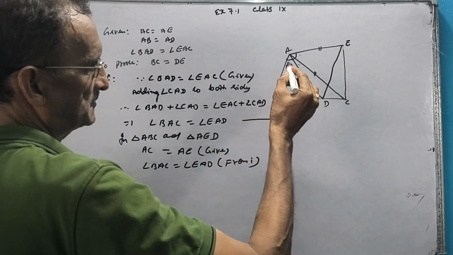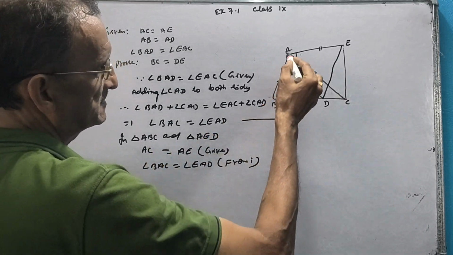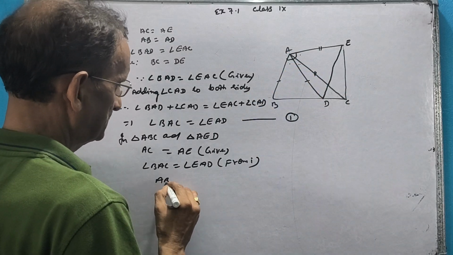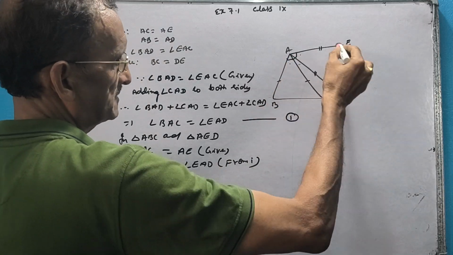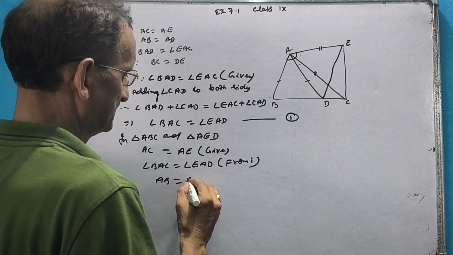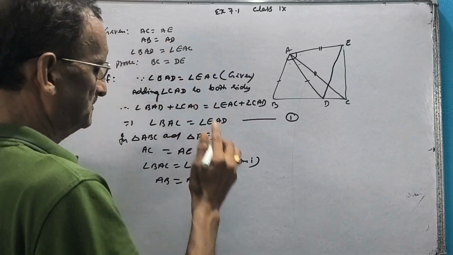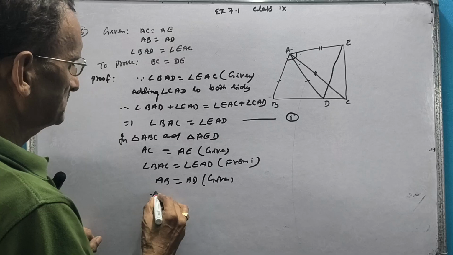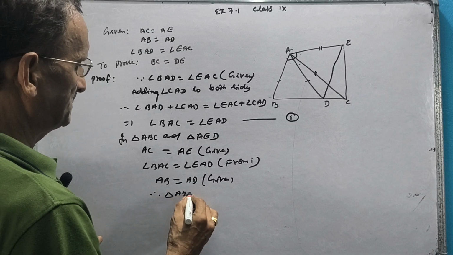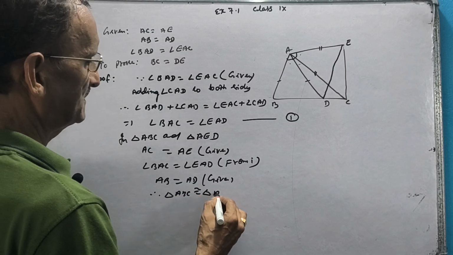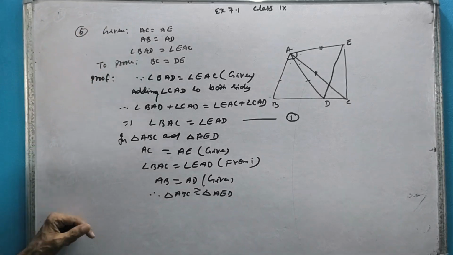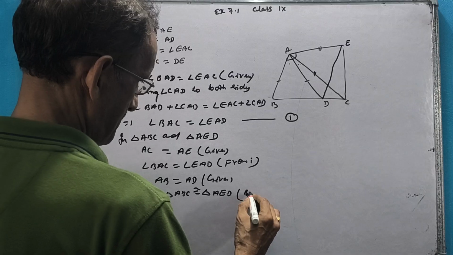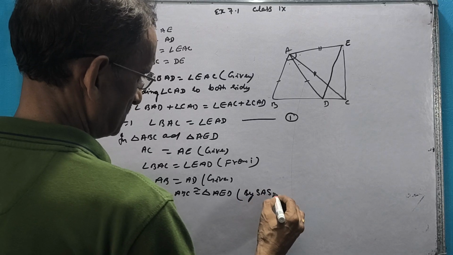And for triangle ABC, side AB is equal to the side of triangle AED, which is AD. That is also given. So therefore we get triangle ABC congruent to triangle AED by which congruence? By SAS congruence rule.